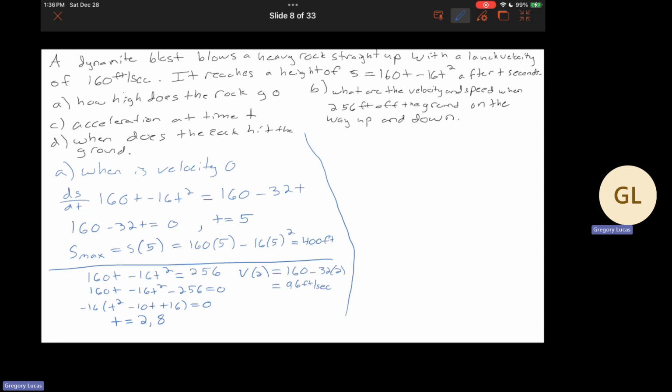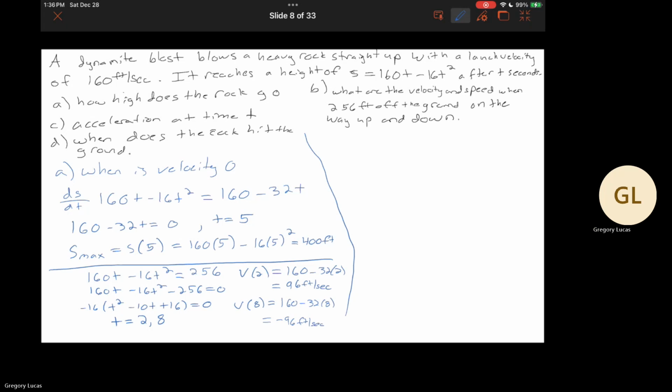Then if we want to find v of 8, we go back to our velocity function, which we found was 160 minus 32t, and plug that in. If I plug in 8 this time, I should get minus 96 feet per second.